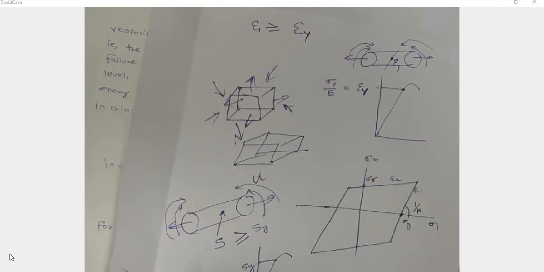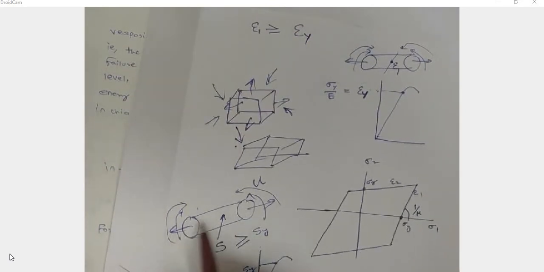SD, the distortion energy density, is the component responsible for failure of the element. The distortion energy density has a limit, and at the failure point the distortion energy reaches the critical value, given by the strain energy density at the yield point of the material in a uniaxial tension test. It is almost similar to the previous theories.